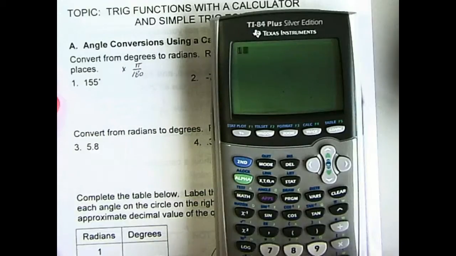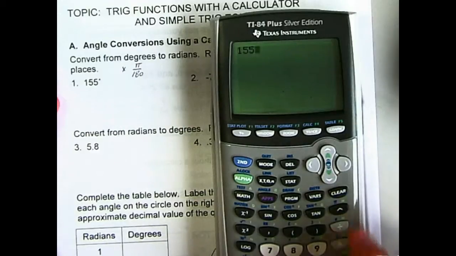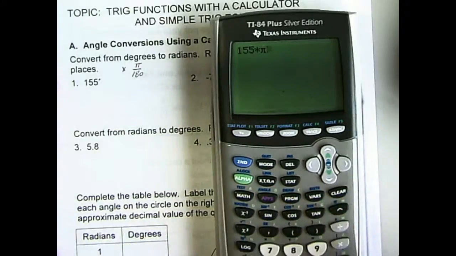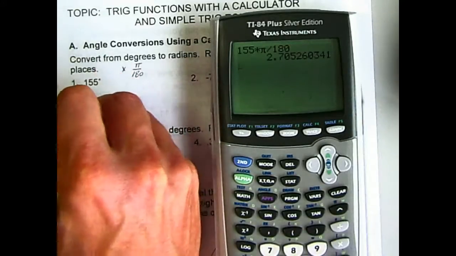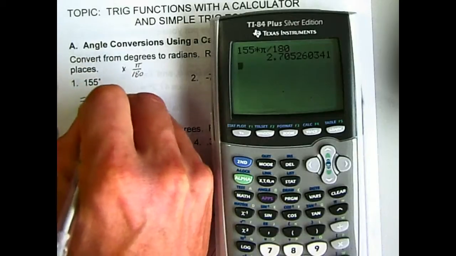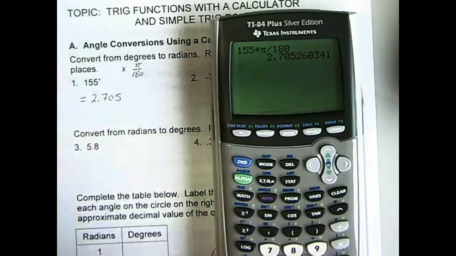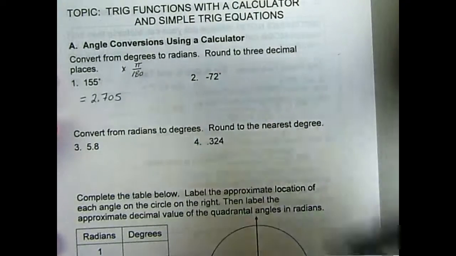So just go 155 times, and looky here, underneath our exponent sign in blue is our pi divided by 180, and that's going to give us 2.705. So 155 degrees is going to equal 2.705 radians. Okay, I'll leave number 2 for you as an example there.